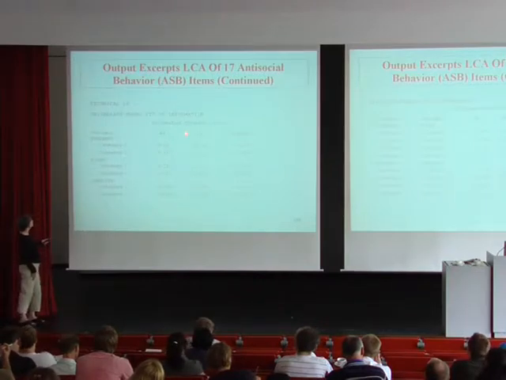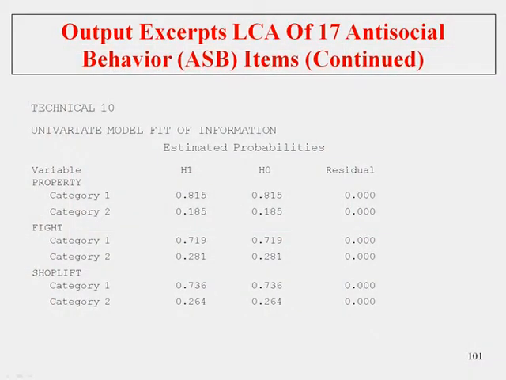So first of all, we have the univariate model fit information. So it's for variable property. We have category 1 and category 2. Now, H0 is the model estimated probability. H1 is the information from the data.